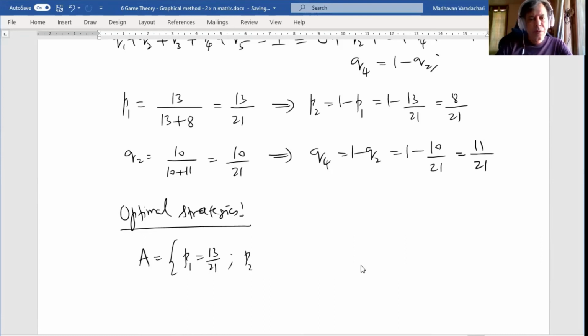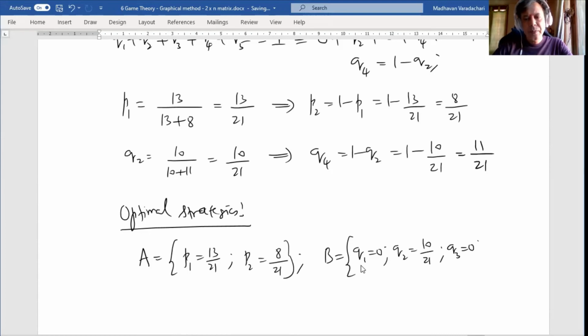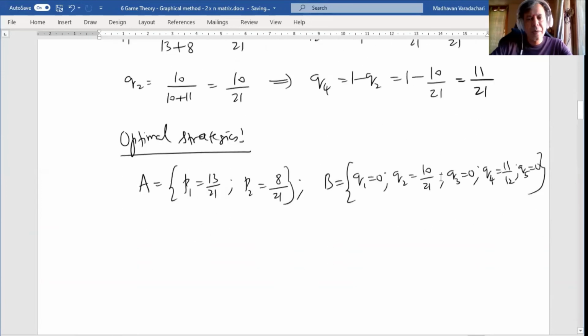And P2 will be 8 out of 21. For B, the probabilities will be Q1 is 0, then Q2 is 10 by 21, Q3 is 0, Q4 is 11 by 21, and then Q5 is 0. That will be the optimal strategies for player B.